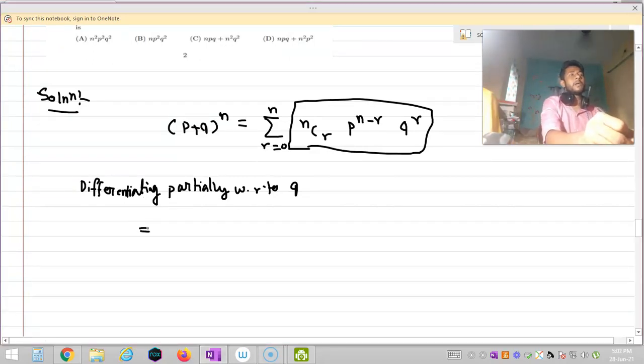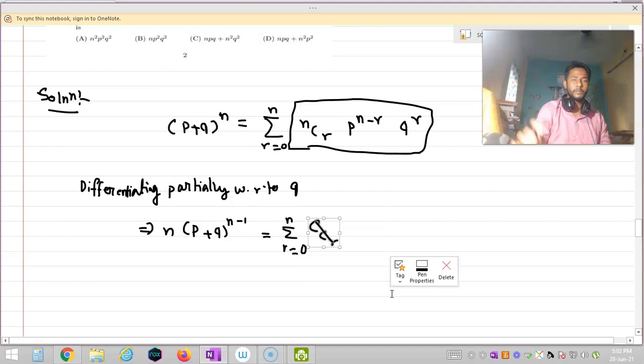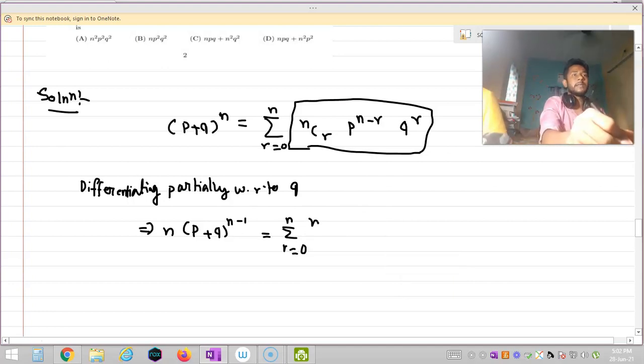Differentiating partially with respect to q, on the left hand side I will get n(p + q)^(n-1). On the right hand side I will get the summation r = 0 to n of nCr p^(n-r) r q^(r-1).